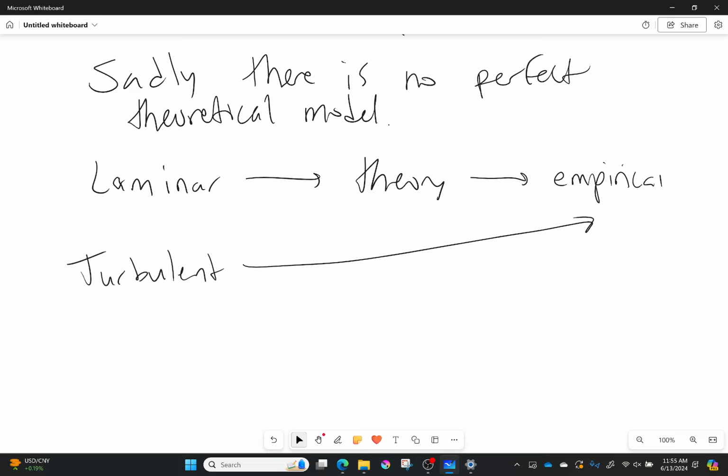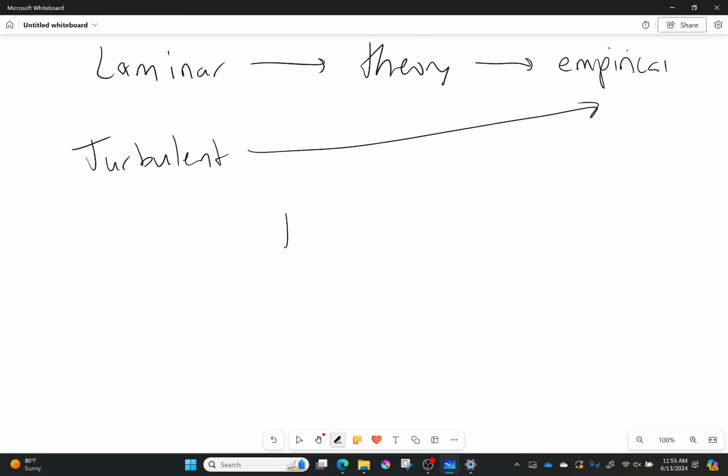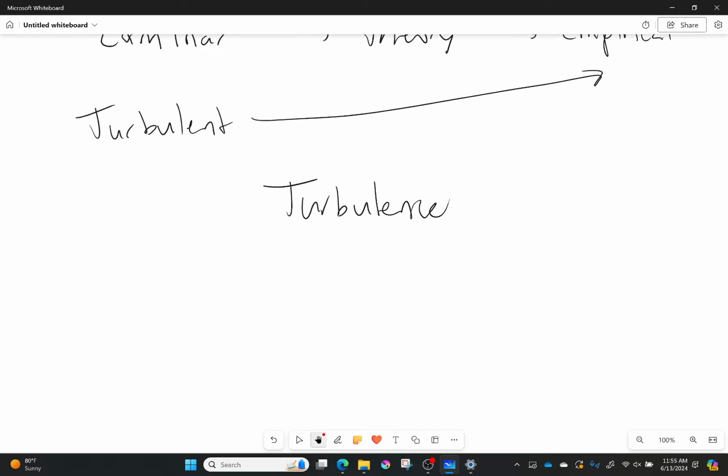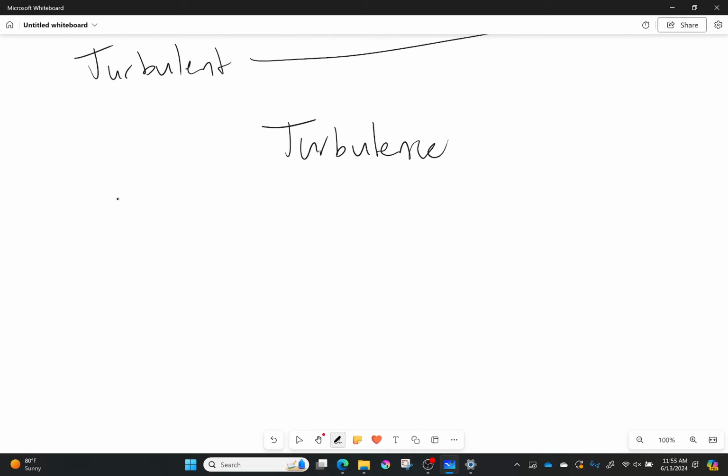Just so you know, we do have models for turbulence, it's just that they don't work perfectly. You could think about turbulence in the same way that people talk about gravity and quantum physics. Gravity is great at telling how things work at big scales, but not so good at small scales.